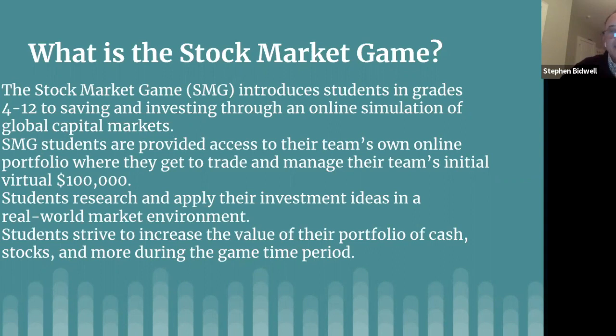And so every team starts with $100,000 as soon as you register. The team is created, and that money is put into a savings account. And in the game, it earns 0.75%. And every Friday, they will get an interest payment in their account for whatever money they have in their savings account.